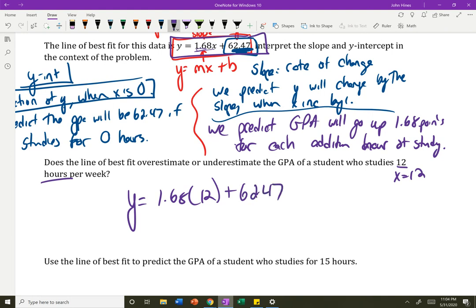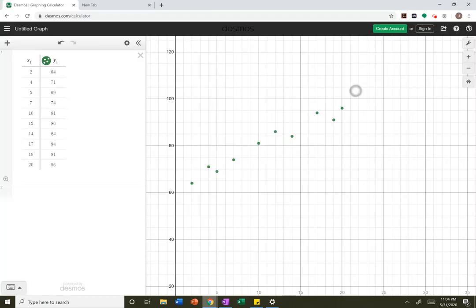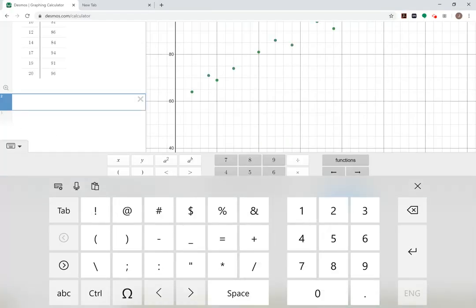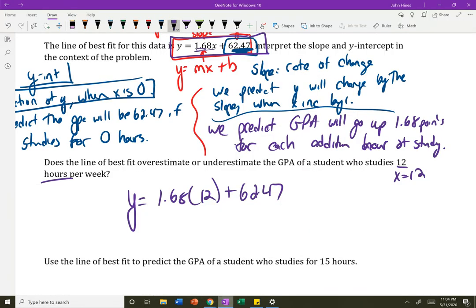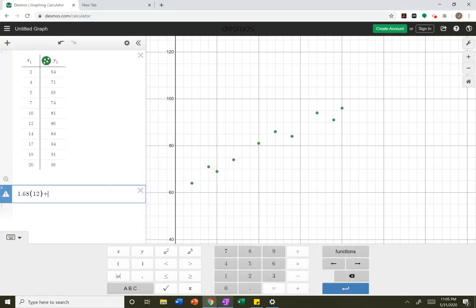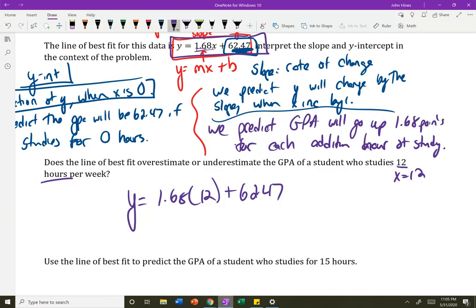Let me go to Desmos here. 1.68 times 12 plus 62.47. When I plug in 12, that line spits back out 82.63. So 82.63 is our prediction.